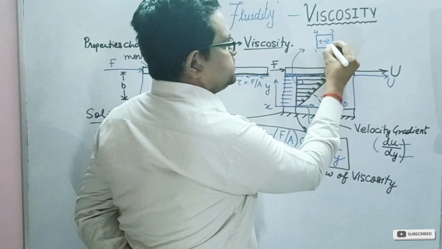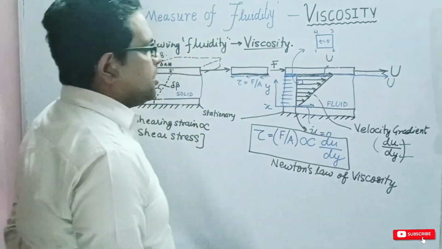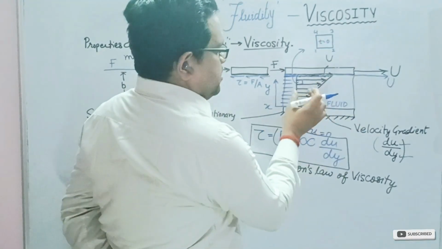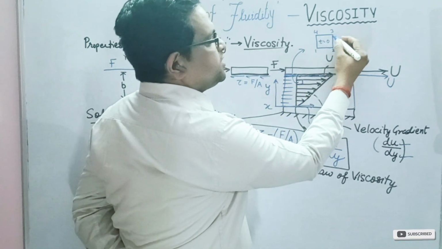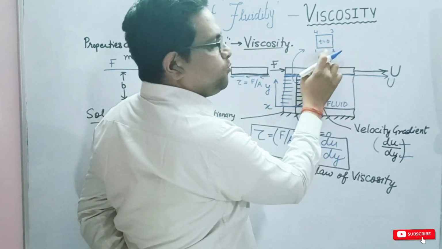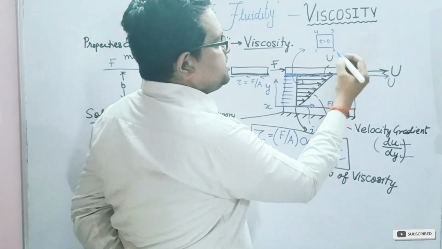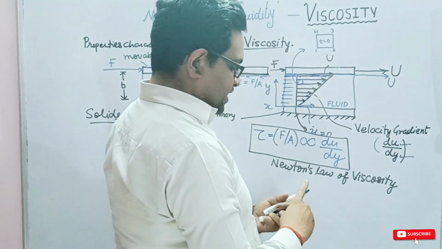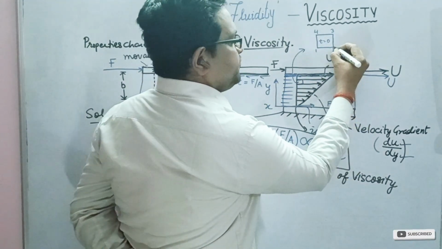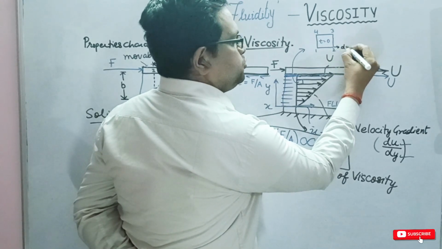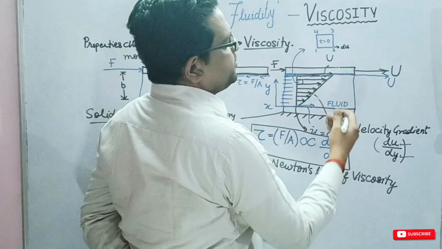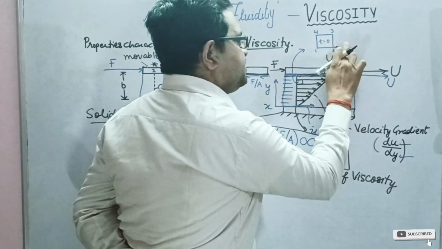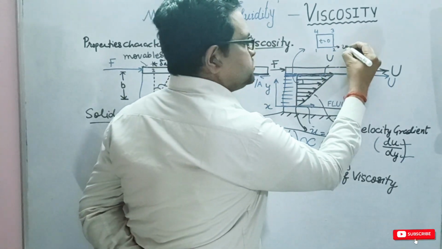This is at time t equal to 0. Now, as we have already seen, the topmost layer is moving with a velocity greater than the bottommost layer. So let us say that the bottommost layer, which is 1, 2, is moving with velocity u, small u.